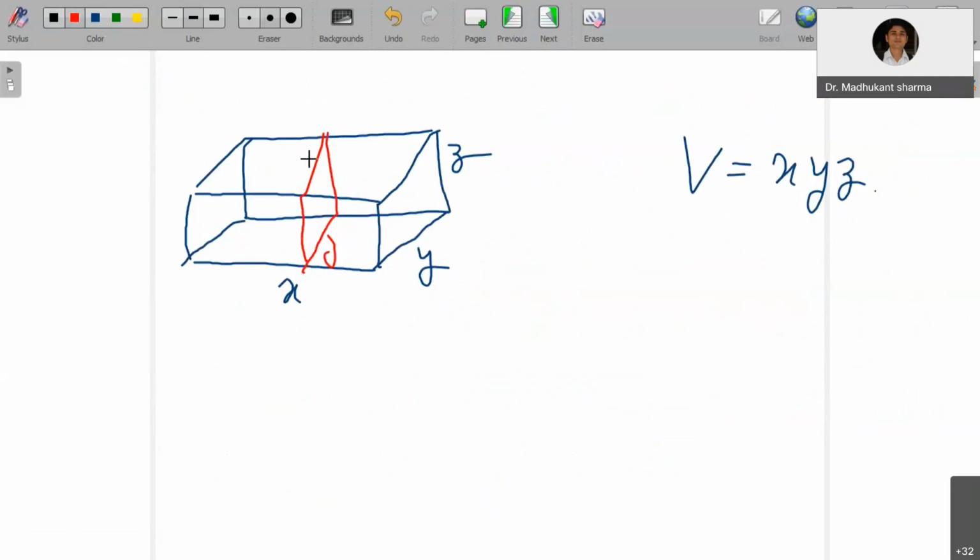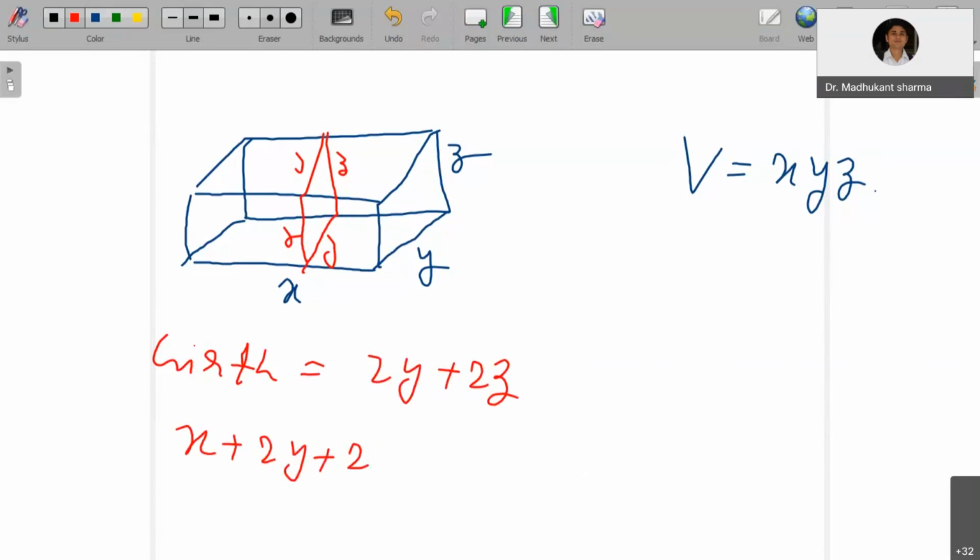This is y, this is y, this is z: 2 times width plus 2 times height. So the girth is going to be 2y plus 2z. And what is given to you is that x plus 2y plus 2z cannot be more than 108 inches. It is maximum 108.